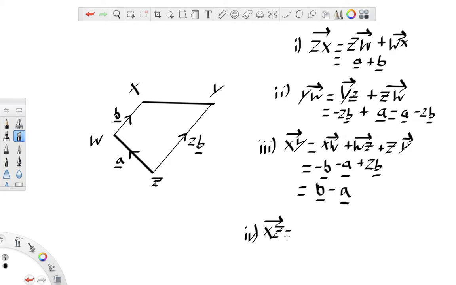And then our last question is x to z. Well, what is x to z? Well, it's x to z there.